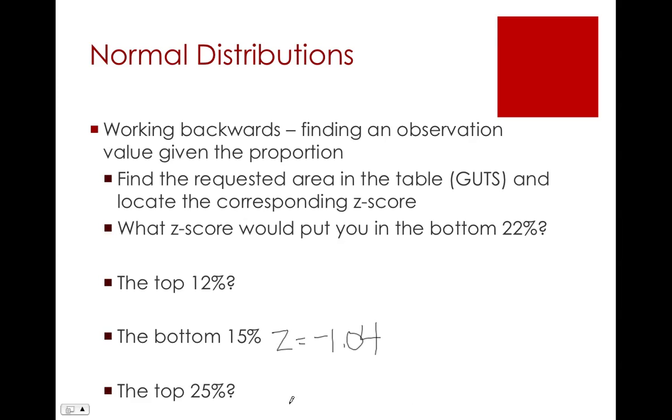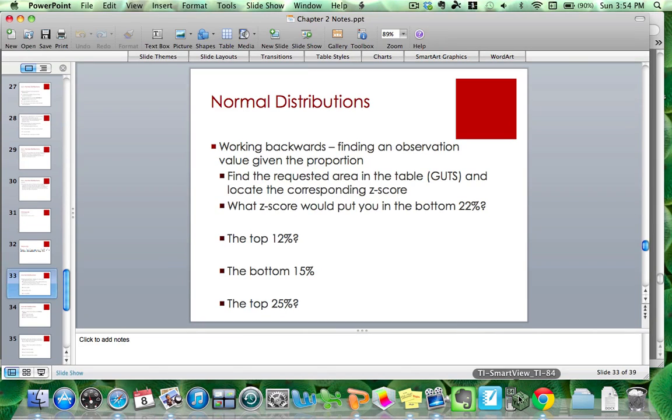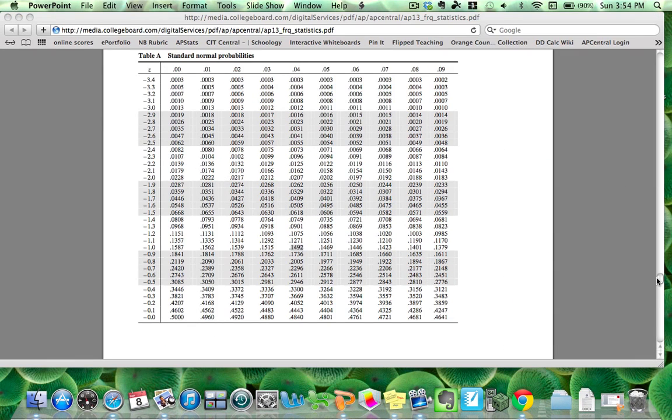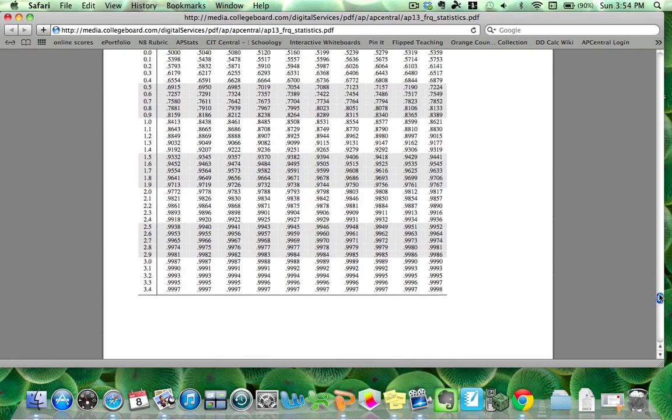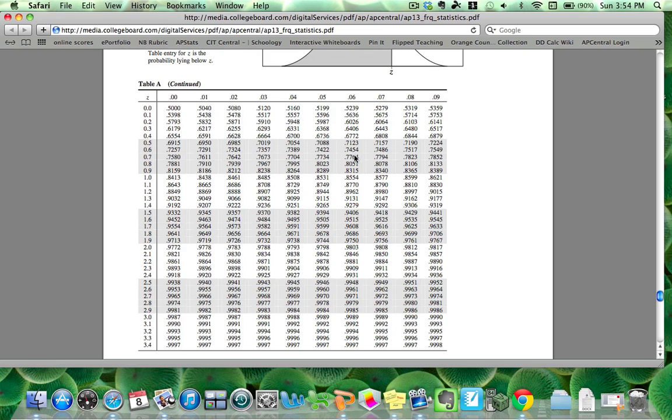Okay, for top 25%, that's the same as saying the bottom 75%. So when I go to my tables, I'm actually going to be looking at the positive z-score side because I'm in the top half, and I'm looking for the closest thing I can find to 0.75, which is 0.7486.